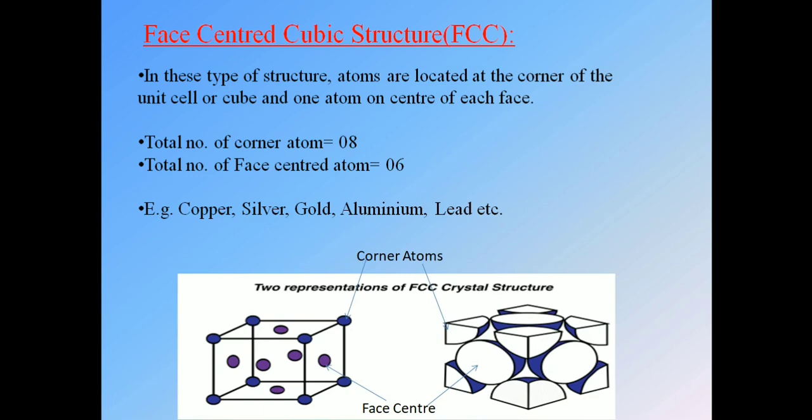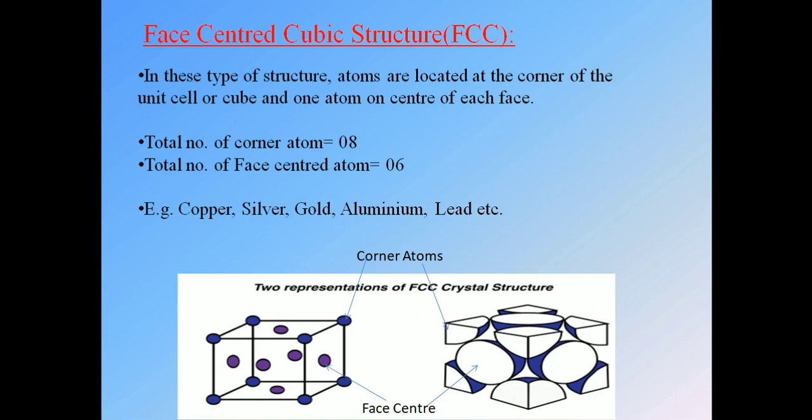So in this structure we have a total of 8 corner atoms and 6 face atoms. What the theory says is that in this type of structure atoms are located at the corners of the unit cell, and one atom at the center of each face.